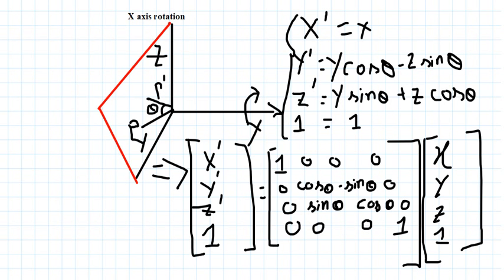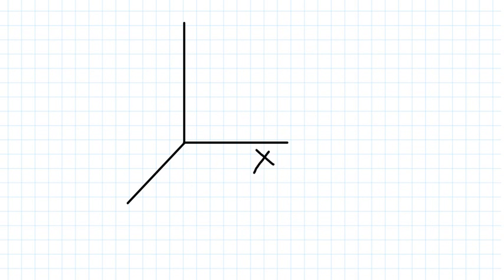Now let me try to apply 3D rotation along the y-axis, or let us try our hand on y-axis rotation. For that, we draw our primary axes: x-axis, y-axis, and z-axis.